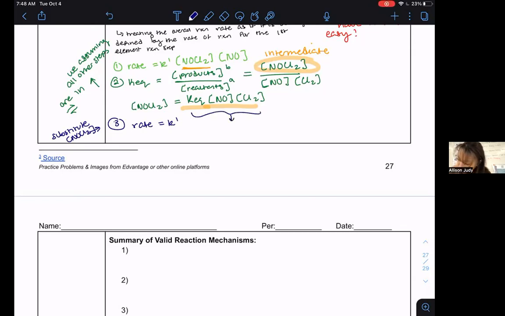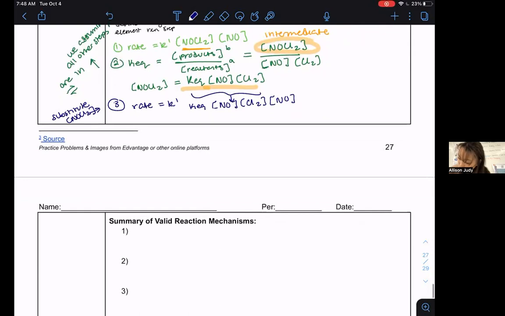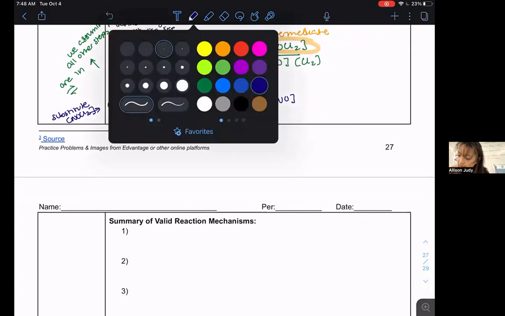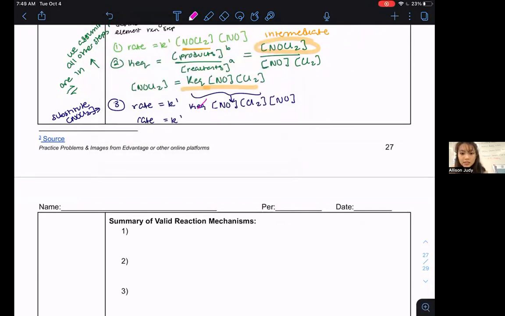Bring this down: KEQ, capital K, times the concentration of NO, times the concentration of Cl2, times the concentration of NO. I've got to remember that I was originally multiplying by the concentration of NO. Simplify it, and I get that my rate equals k prime. And I'm going to assume that KEQ is quite negligible in this instance because, one second, let me write this out, is negligible.